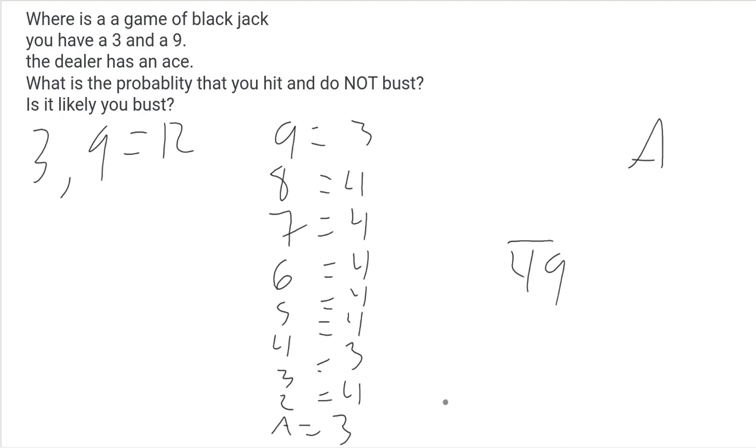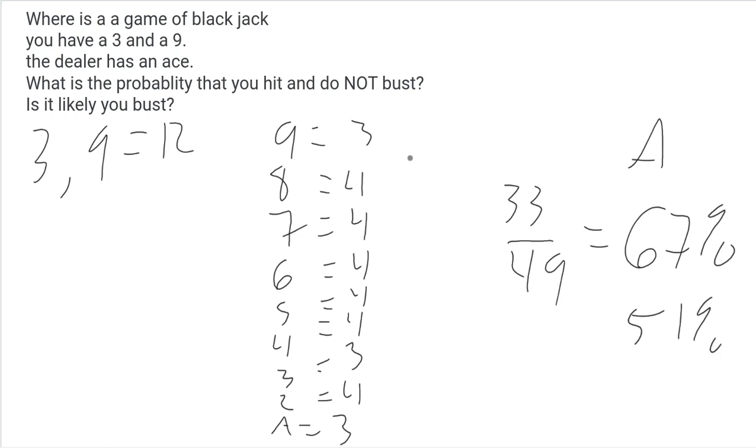So 3 plus 4 plus 4 plus 4 plus 4 plus 4 plus 3 plus 4 plus 3. 33 cards in the deck are good for us, divided by how many cards are available, or 67%. And since that's above that 51%, it is likely that we do not bust. So we should definitely take a hit.